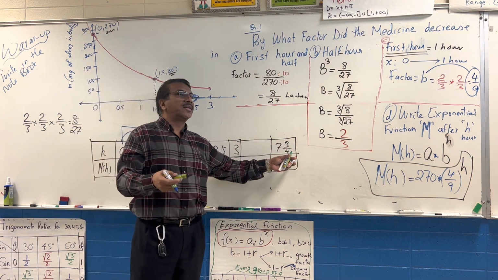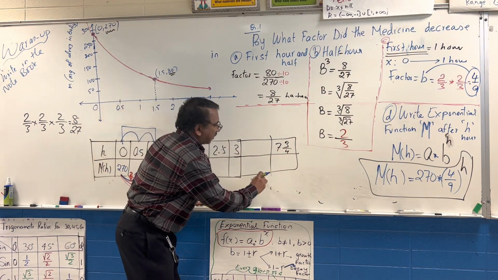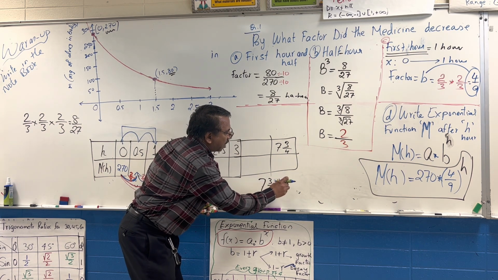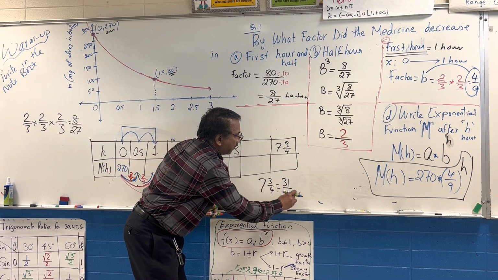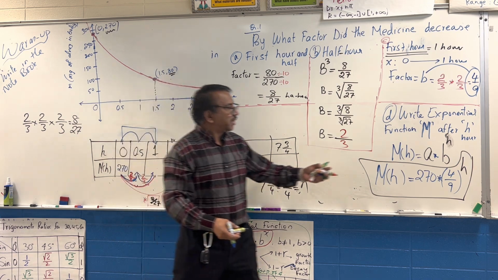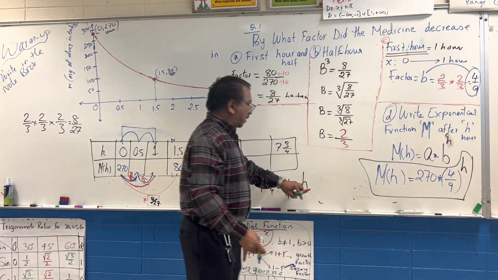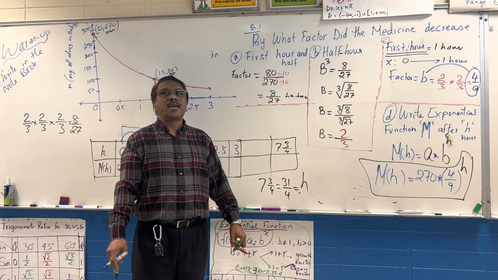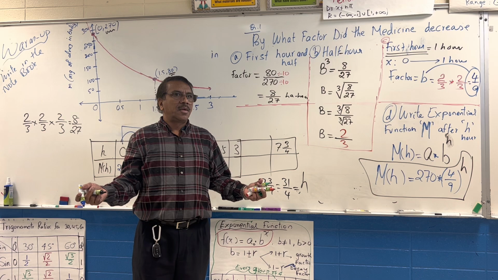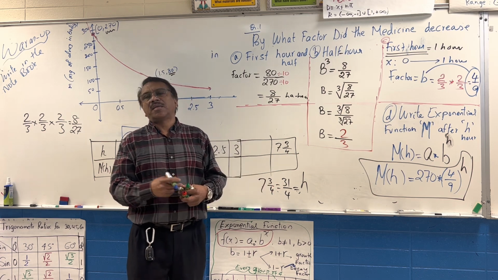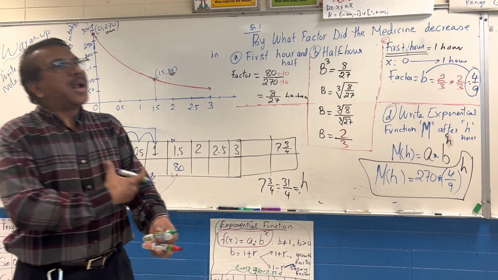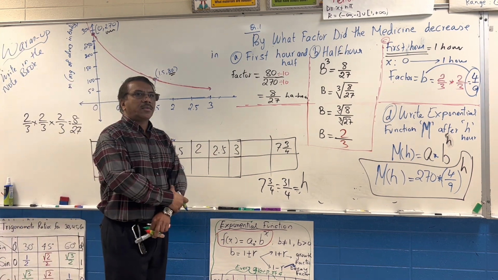Basically 7 3/4 is 7 times 4 is 28 plus 3 is 31, divided by 4. So that's your h. On your calculator, you just put 31 divided by 4, and you're done. Make sense? So h stands for how many hours have passed since the medicine was injected. Is that okay?